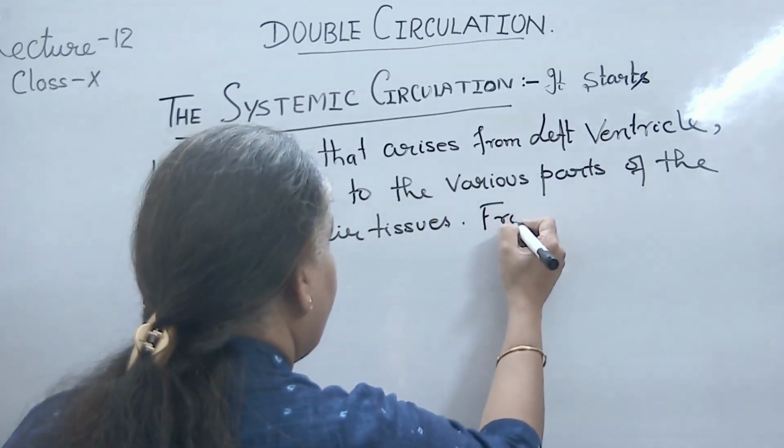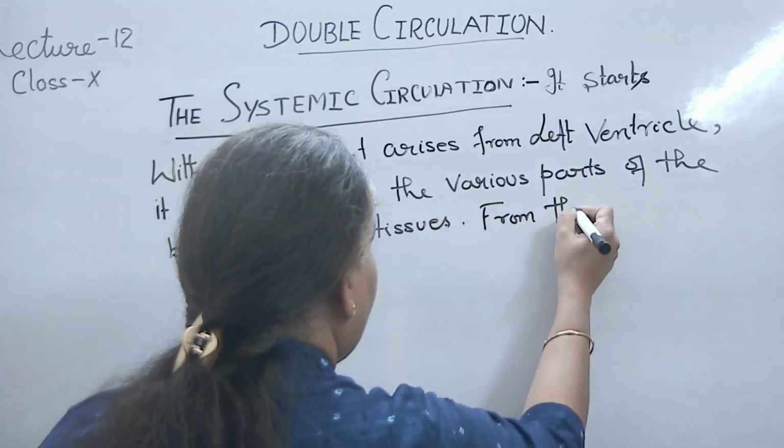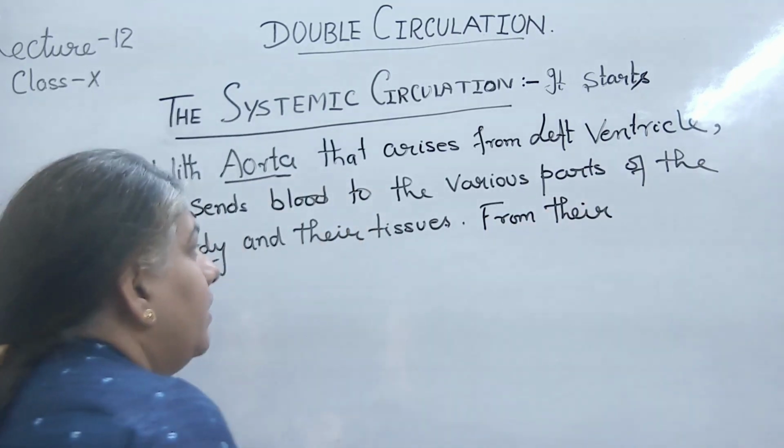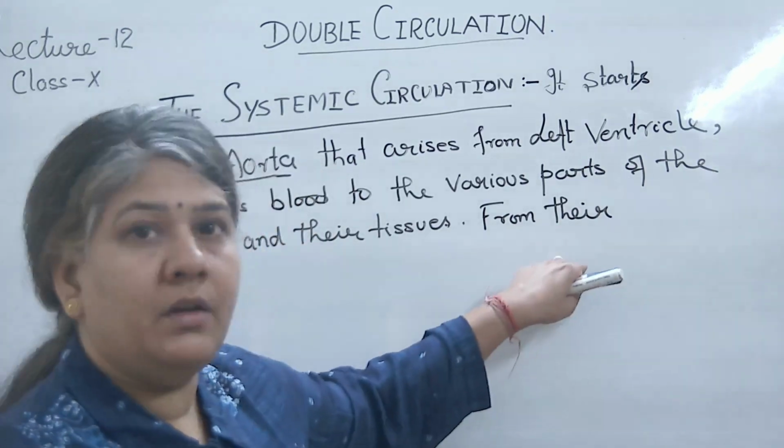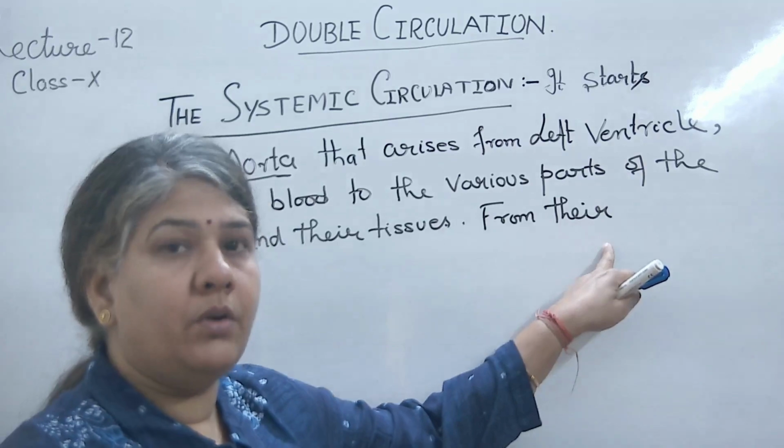From there, the diffusion of gas will take place in organs, and the blood will get deoxygenated.